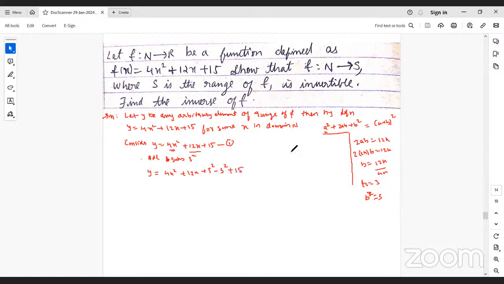How did we obtain 3? By equating the middle term to 2ab and finding the value of b, which we did in the rough work.